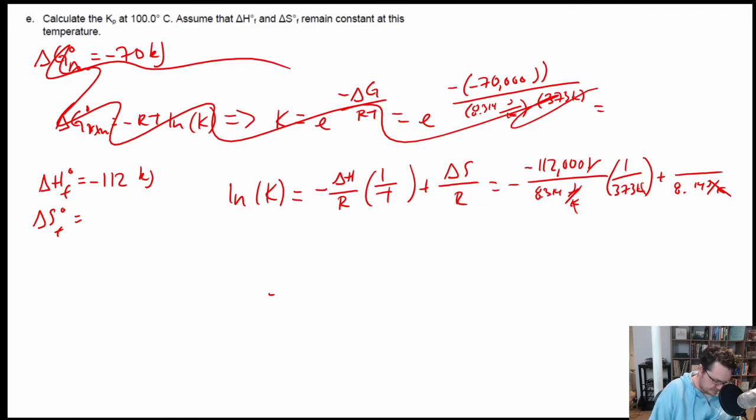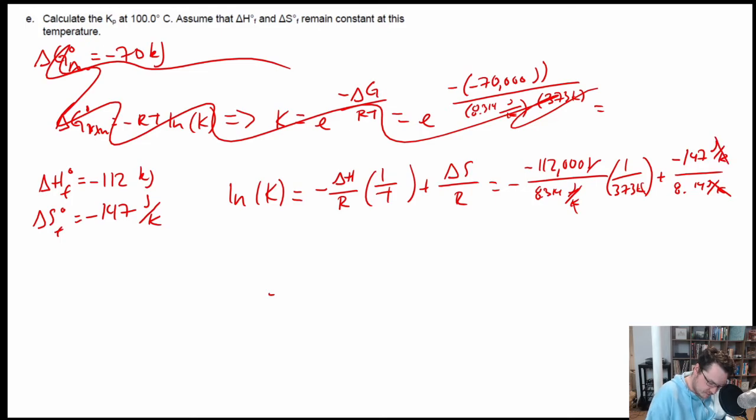So delta S is 240 times 2 minus 2 times 211 plus, and now for oxygen, S is, where's oxygen? 205. So that comes out to negative 147 joules per Kelvin.